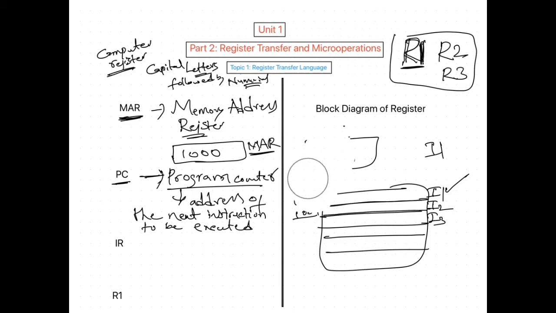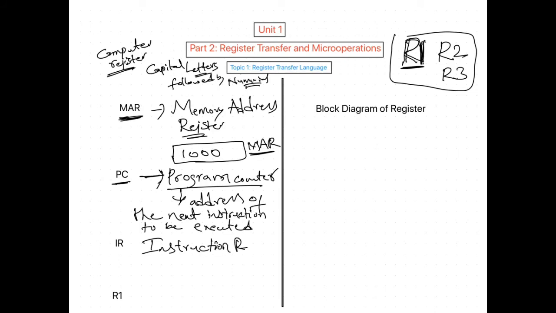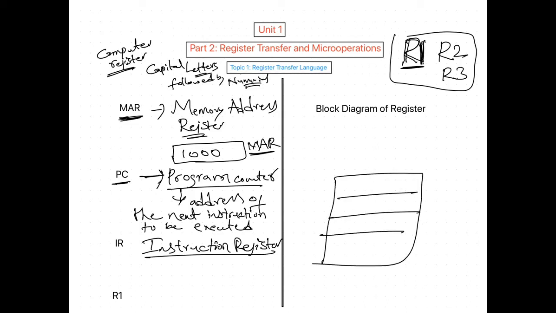So next we'll see the instruction register. Now what is the instruction register? IR means instruction register. Instruction register will store the instruction, directly. Suppose here instruction I1 is there. This particular I1 instruction is a 16-bit instruction, some ones and zeros.